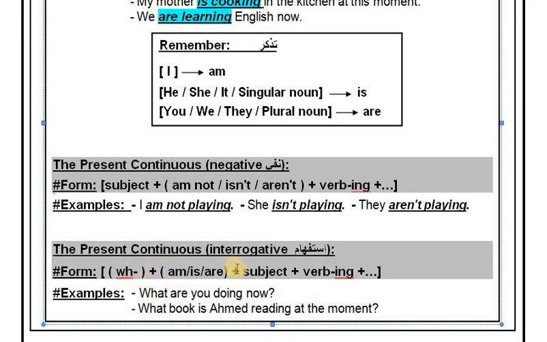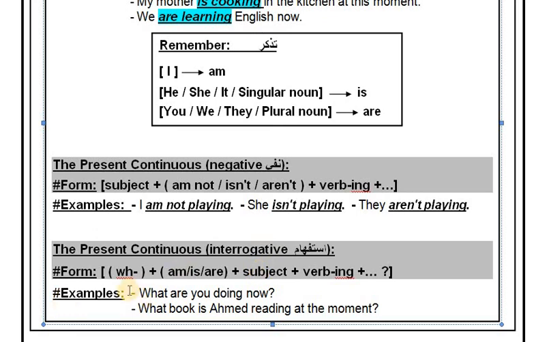Am, is or are plus subject plus verb with ing. أكيد am, is or are بيجي وراهم verb with ing، لكن هون subject as you see is at the middle. أجا عنا في الوسط. Why? Because this is a question. في حالة question بالسؤال إحنا رح يكون عنا دائما subject at the middle بالنص.